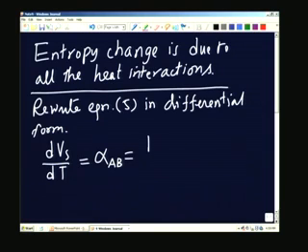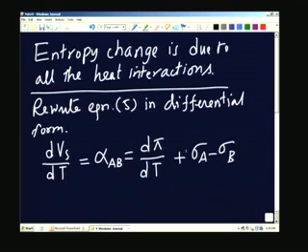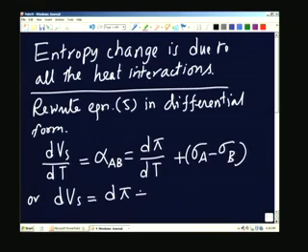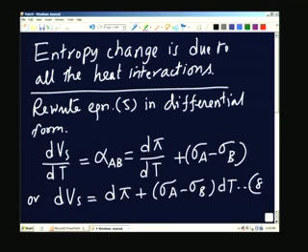This is given by d pi by dT plus the integral, which when you differentiate with respect to T becomes simply sigma a minus sigma b, or dVs is equal to d pi plus sigma a minus sigma b into dT. I think this is equation 8.